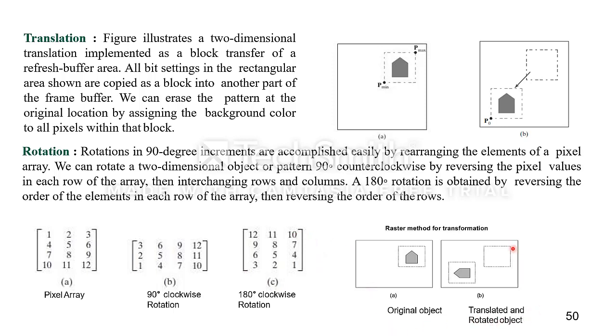Consider this example again: if we take this as the original object and apply translation to it, it becomes this. If we apply rotation on this object again, then it becomes this. So this is a translated and rotated object.